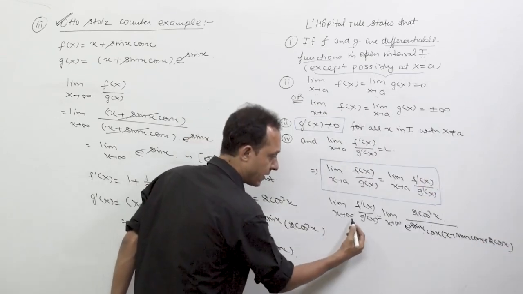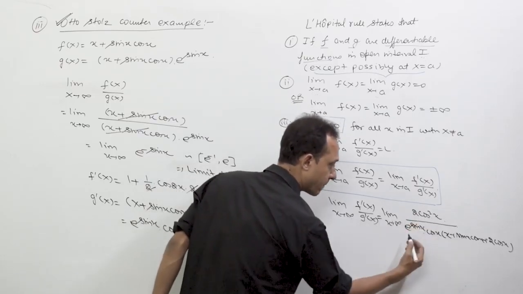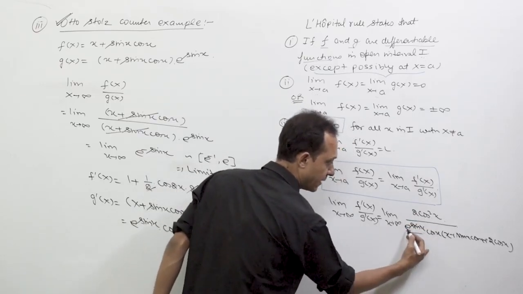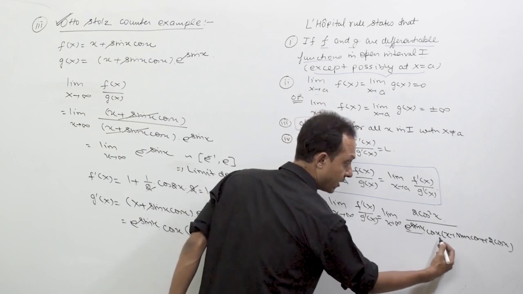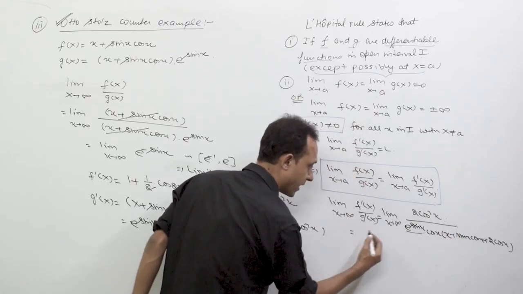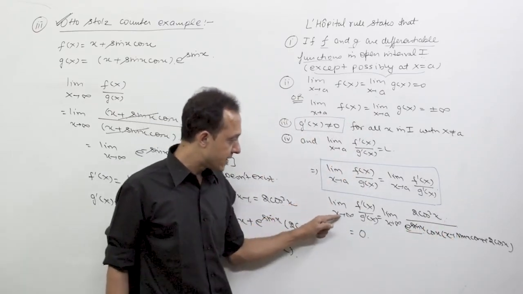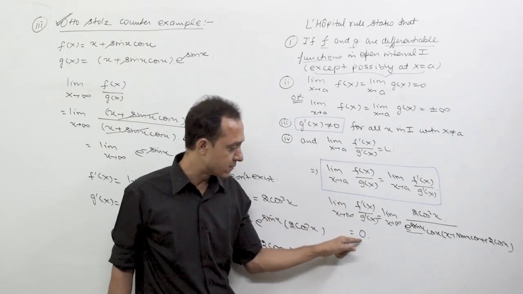Now if I put x is infinity, it is an oscillating value between 0 and 1. This is an oscillating value between 1 upon e and e, an oscillating value between minus 1 and plus 1, and then it is 1 upon infinity. So anything finite upon infinite will be 0. So in this case, limit x tends to infinity f dash x upon g dash x will be 0.